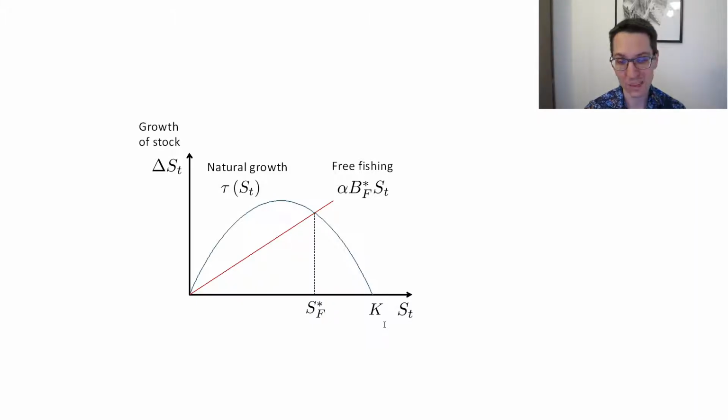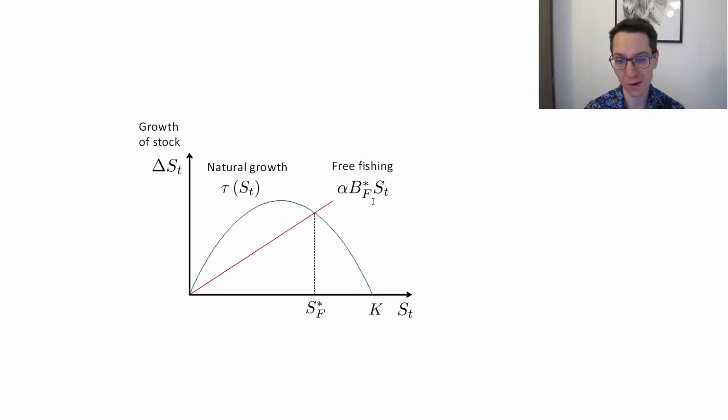Now, though, what's happening is there is fishing. So let's postulate our B star F we just computed, the equilibrium number of boats in the free fishing industry. Then what is the number of catches of the fishing industry?